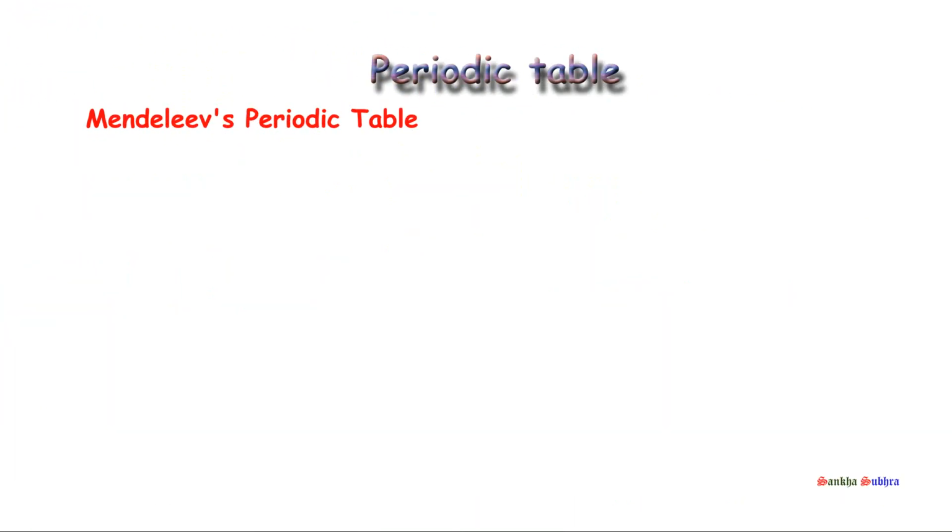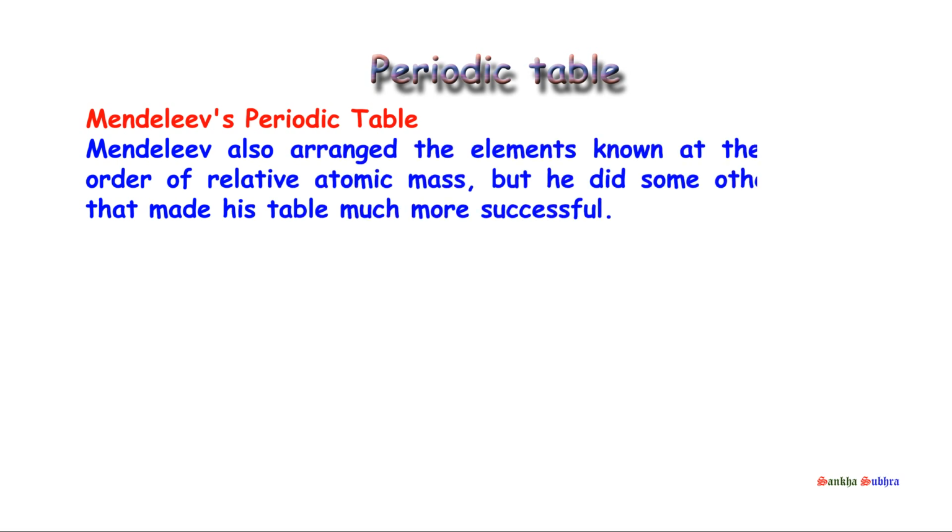The next law on the periodic table was proposed by the scientist Mendeleev, and his logic to synchronize the periodic table is known as Mendeleev's periodic table. Mendeleev also arranged the elements on the basis of relative atomic mass, or atomic weight, but he did something more. That's why his periodic table made a huge difference. Mendeleev proposed that the physical and chemical properties of the elements are a periodic function of their atomic masses.